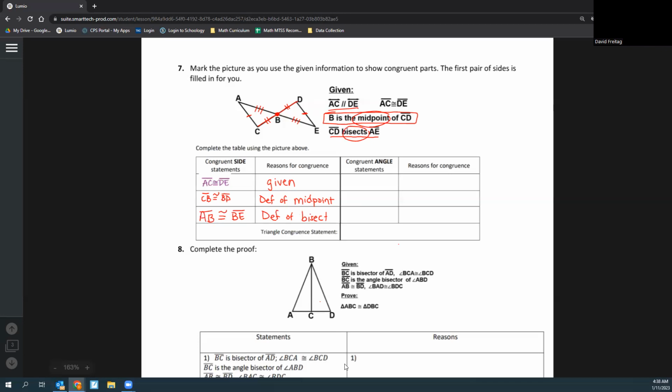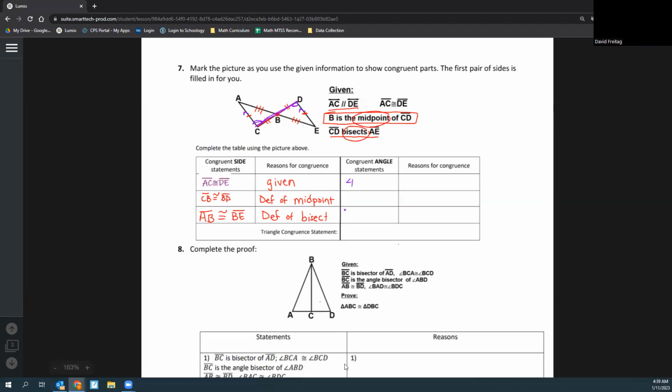Now I look at my angles. The other two pieces of information that I have is that AC is parallel to DE. And so if I look here, DC is a transversal intersecting two parallel lines, which means that angle D and angle C should be the same.